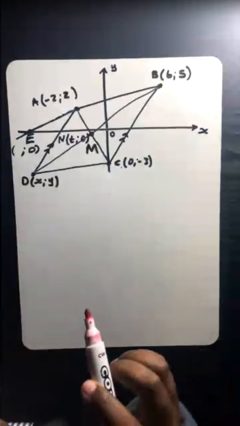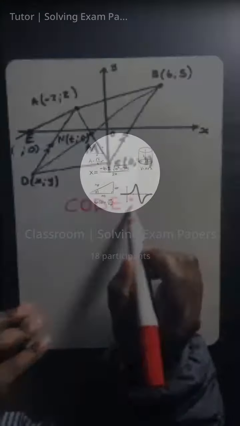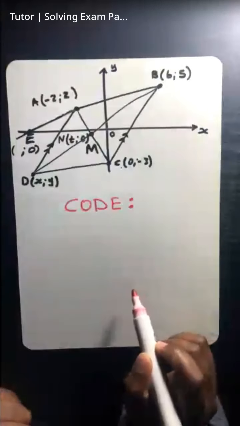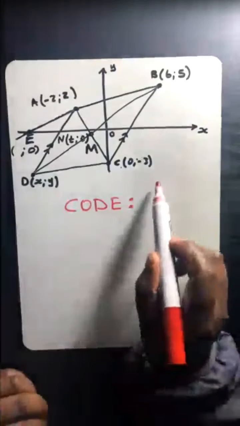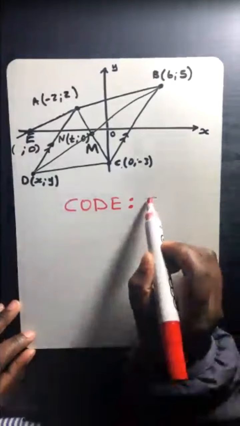Every time I say write down the code, just make sure to write it. Next time I'll just choose any number between 0 to 10. For today's lesson, I'm choosing 5.